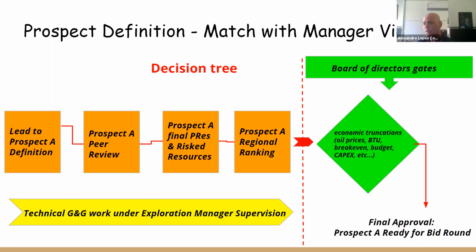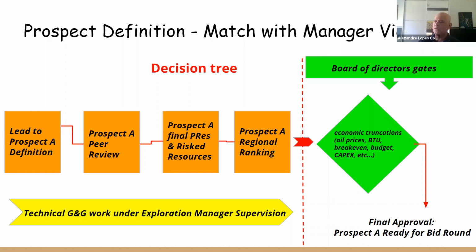Your volumes will be truncated into these values, and if approved, your prospect will be ready for a bid round. The board of directors will say, okay, you're ready to invest and put money in this block, try to bid and win. This is the philosophy. It's a very simple way, but all companies follow more or less these procedures.